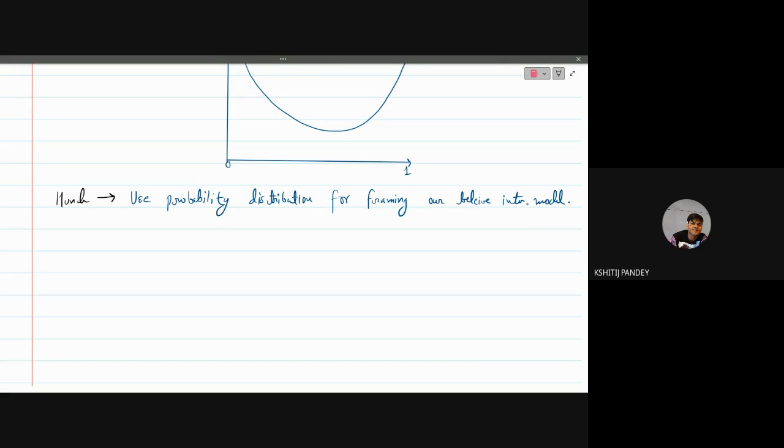And it has some distribution over an unknown parameter. Let's say the parameter is theta. So you'll have your prior distribution of theta. Okay, this is called the prior.